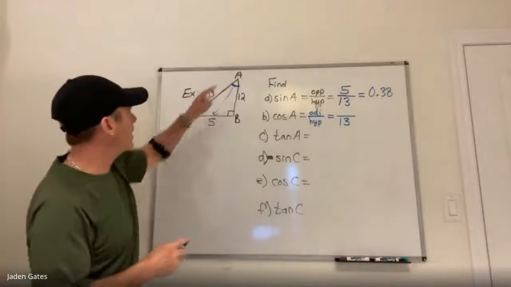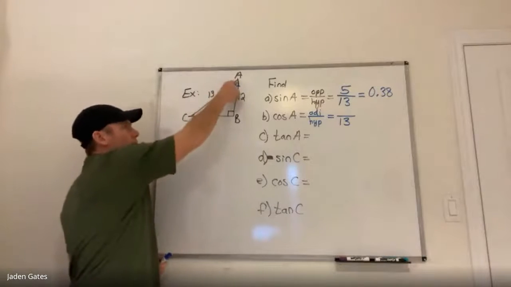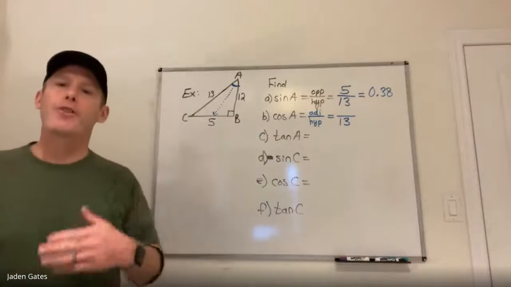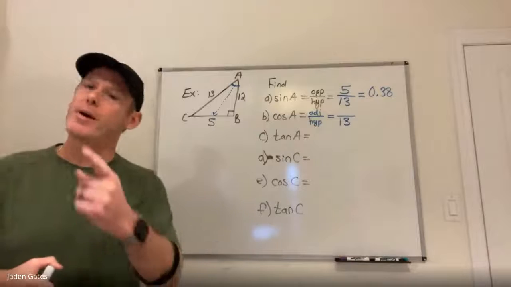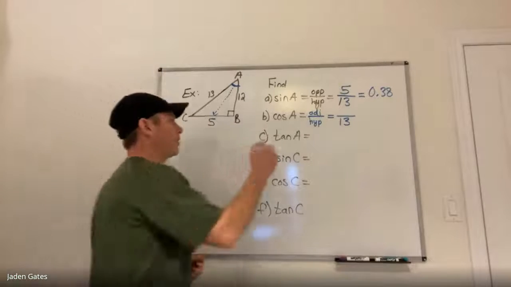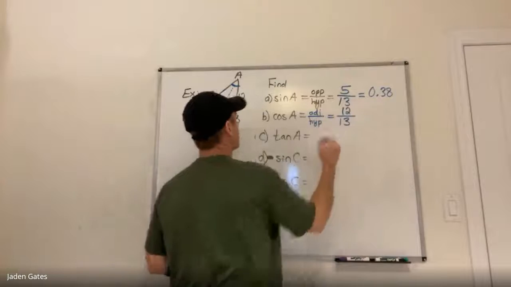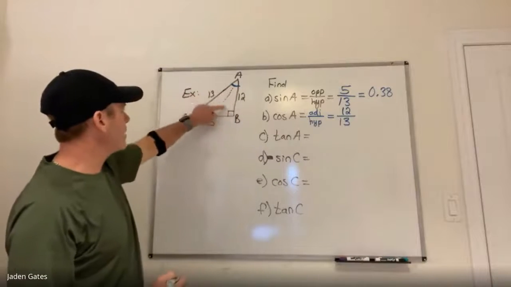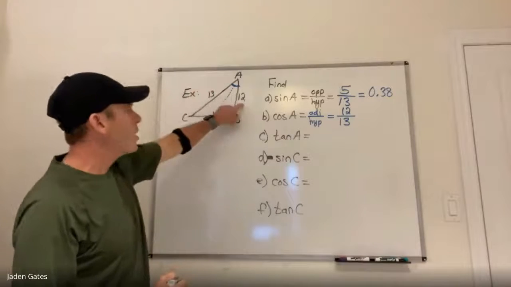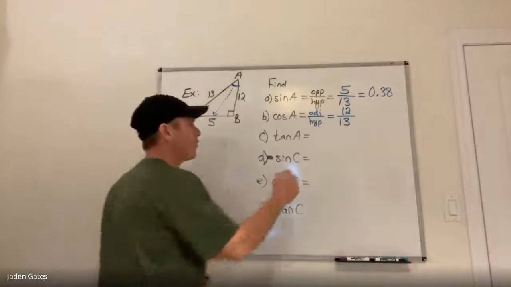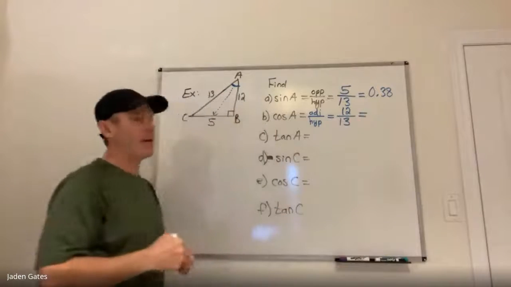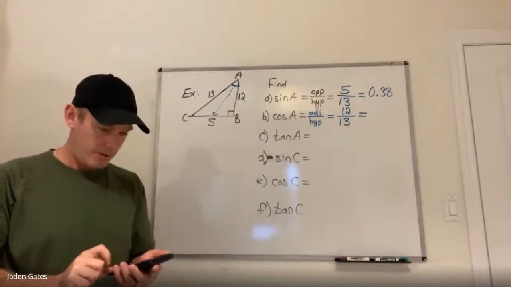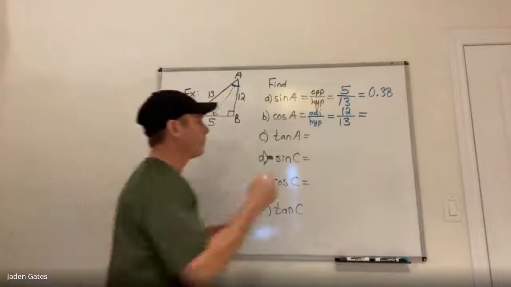Now check this out. There's 2 sides beside angle A. There's a 13 and a 12. But the 13 is the hypotenuse. That means 12 is adjacent. And so if I'm finding the cosine of angle A, I take 12 divided by 13, and I get 0.92.